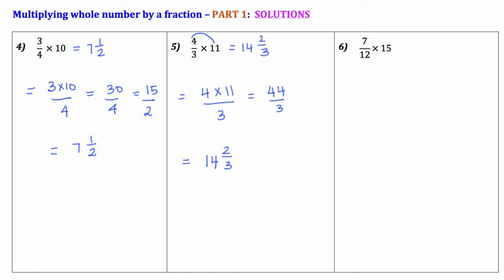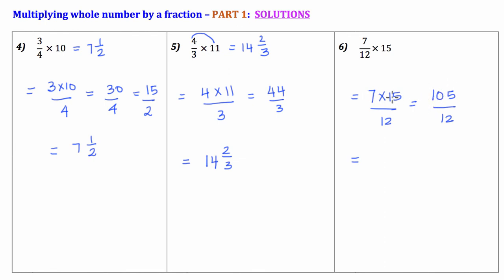The next problem is 7/12 times 15. Again, let's multiply the numerator and the whole number. So this is equal to 7 times 15 over 12. And 7 times 15 equals 105/12. Now, if we know our divisibility rules, we know 105 is divisible by 3.